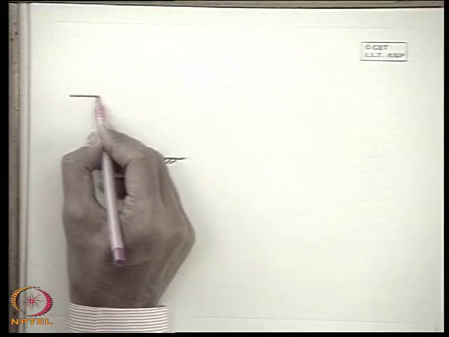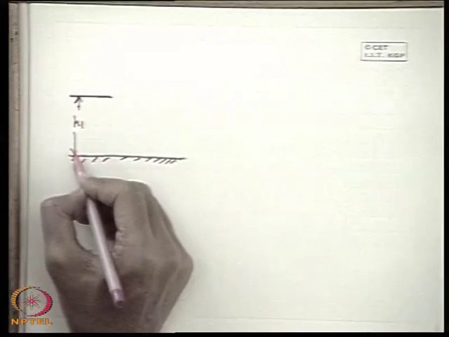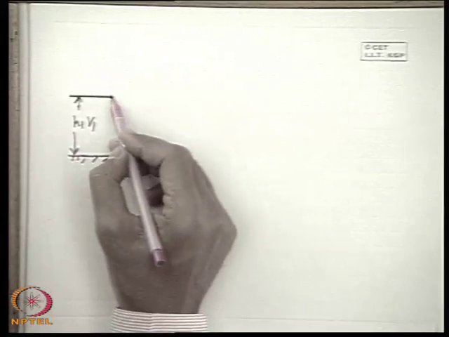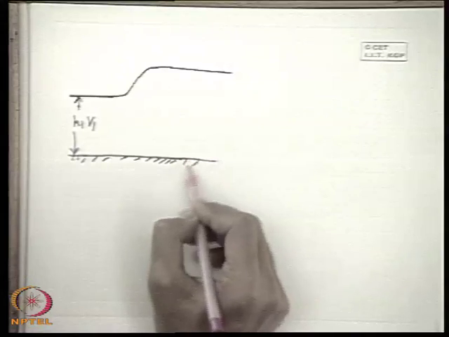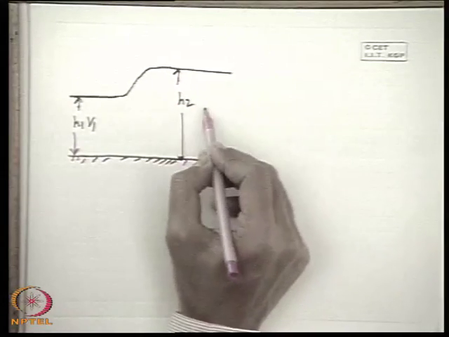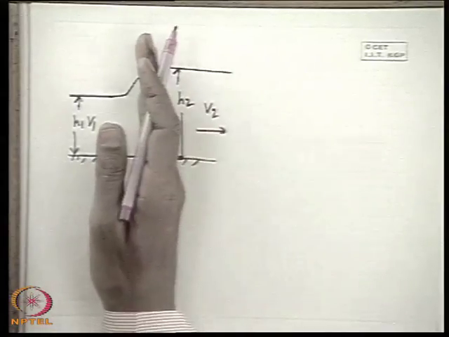H1 is the upstream depth, which is the undisturbed depth, and V1 is the velocity. And this is the downstream depth H2 and the velocity is V2. So the velocity is changed as the wave propagates.